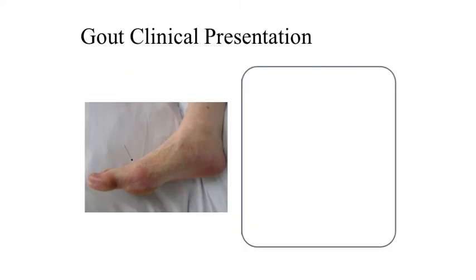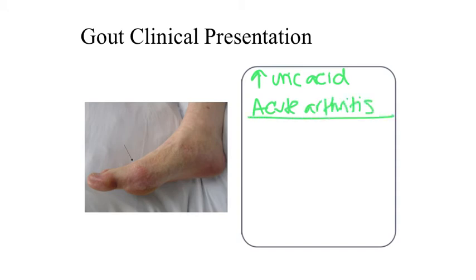In terms of clinical presentation, all cases of gout will have one underlying factor in common, which is that they will present with hyperuricemia. Blood levels of uric acid will be elevated above 7 in men and above 6 in women. The other primary clinical presentation of gout is acute gouty arthritis. This is defined as a sudden onset of pain and swelling in a single joint.